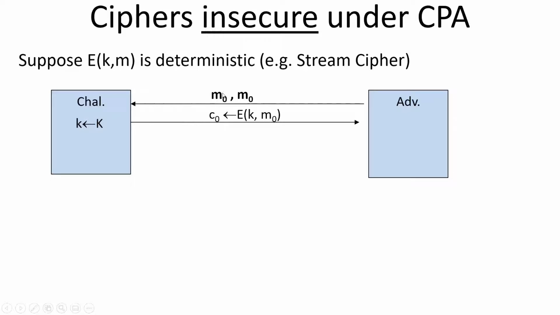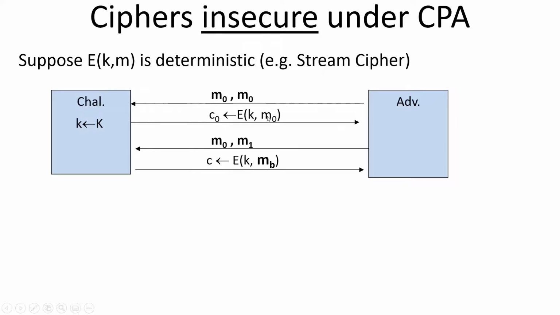He sends a pair where both are equal, so therefore he gets back an encryption of M0, because it doesn't matter whether the bit is 0 or 1, the left and right messages are the same. And now he chooses two messages. M0 is the same one as here, and M1 is new.